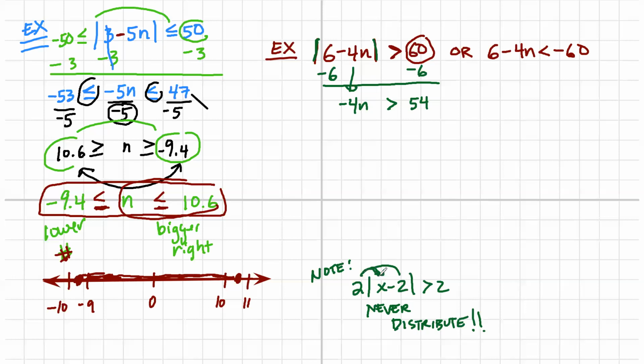You're allowed to if there's no absolute value. If it's 2 times x minus 2, then yeah, use the distributive property. But if there's an absolute value, you have to evaluate the absolute value first, and then multiply by 2 after. So never do this. That just popped into my head for this problem right here. I don't know why, but it did.